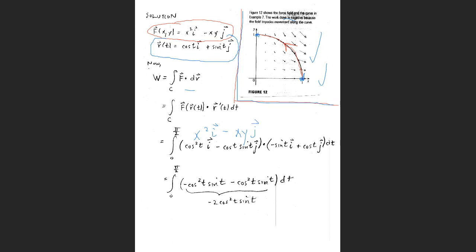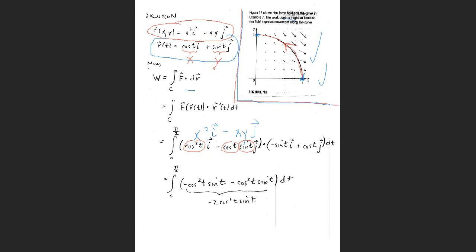For the coordinates x and y, I'm going to put in the x and y coordinates for r of t. Those are the cosine and the sine respectively. So x squared becomes cosine squared of t, x is cosine of t, and y is sine of t.